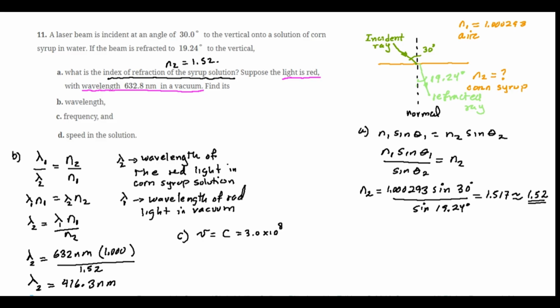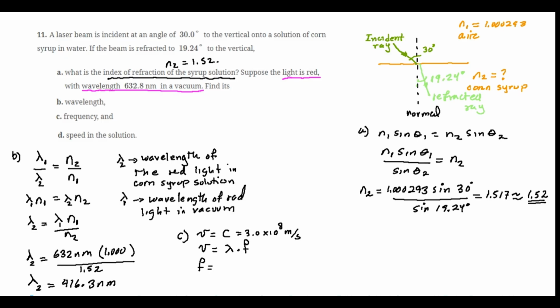If I want to find the frequency, I know that the speed is equal to the wavelength times the frequency, so solving for frequency, frequency is equal to the speed divided by the wavelength.